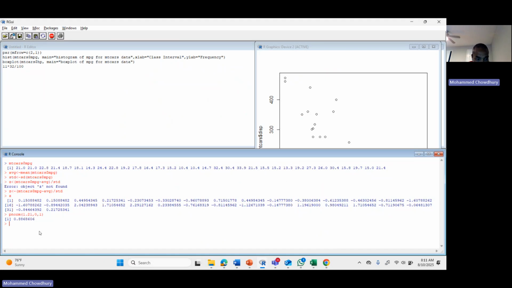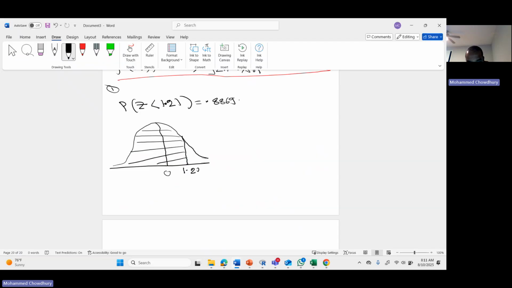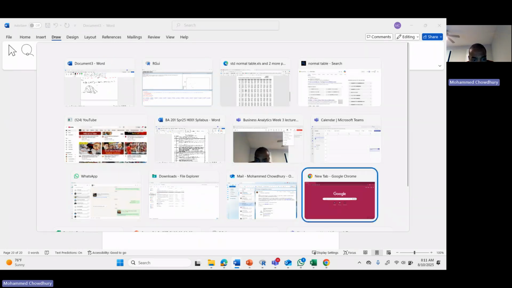Okay, you have seen that I have computed these things. So the formula is pnorm. The R formula I am writing in here: pnorm(1.21, 0, 1). Now I want to write the Excel formula. Let me open Excel.